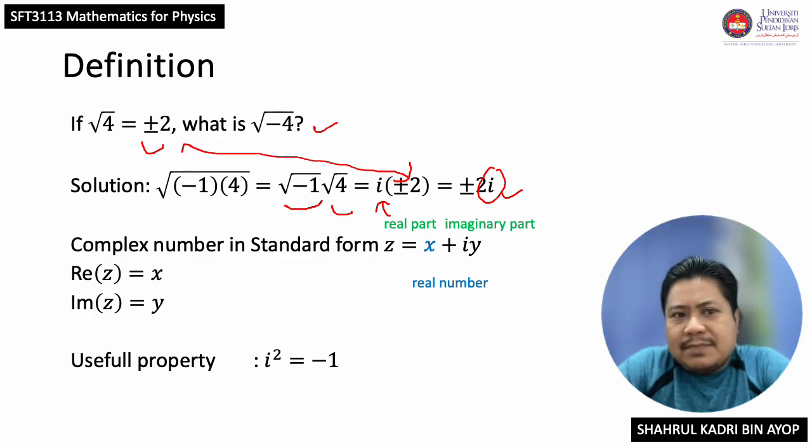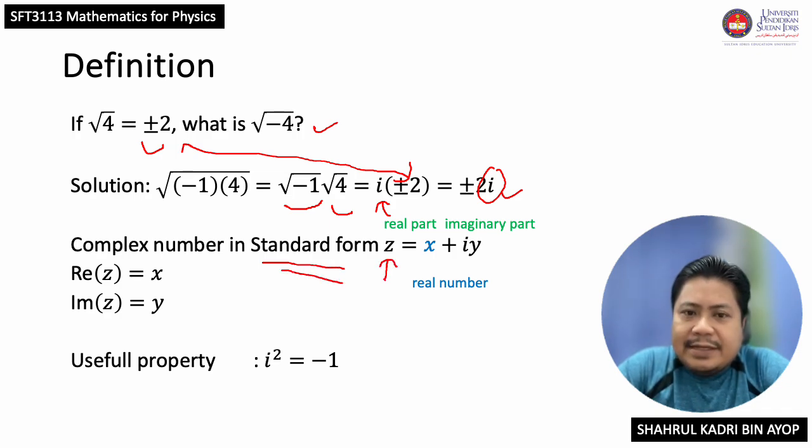Any complex number can be represented in a standard form, right? The standard form is the addition of a real part x plus an imaginary part, where y is a real number, but when the real number is multiplied by i, this whole part is the imaginary part.